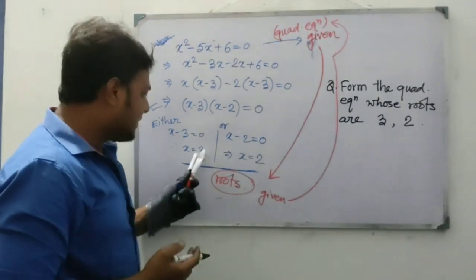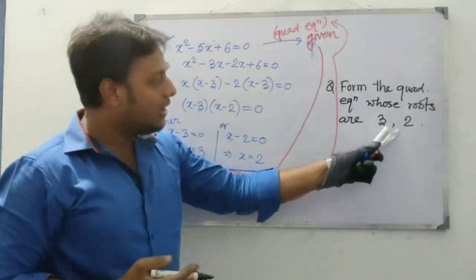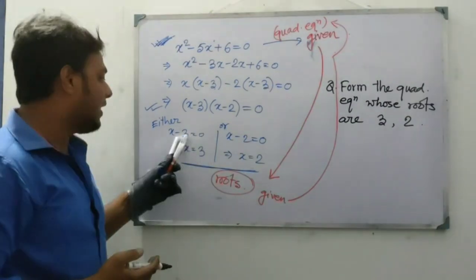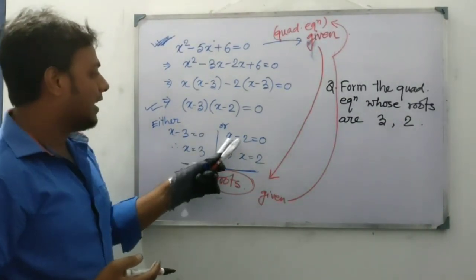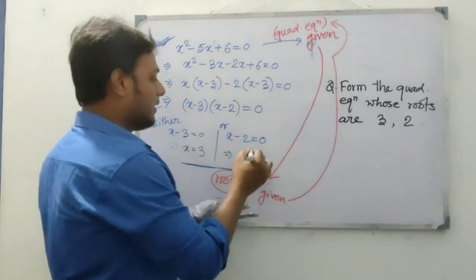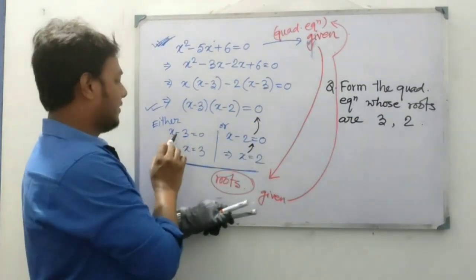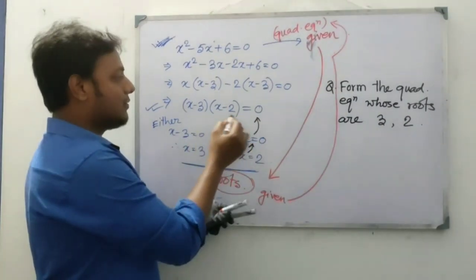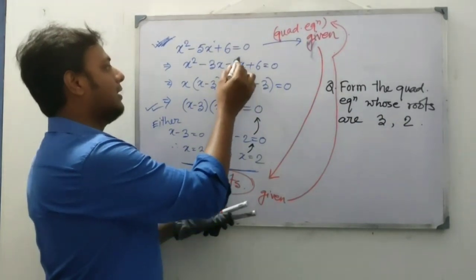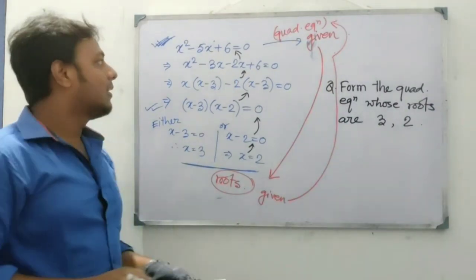Why not? Since 3 and 2 are roots, that means x equals to 3 and x equals to 2. That is the last line. The previous line will be x minus 3 equals to 0 and x minus 2 equals to 0. The line before that will be x minus 3 into x minus 2 equals to 0, and the one before that you get back x square minus 5x plus 6.